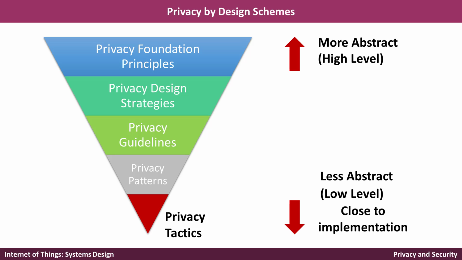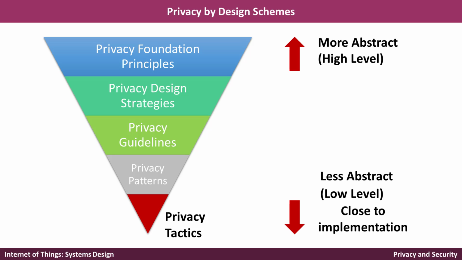And then the privacy tactic is very specific. Within the pattern, you could have multiple options for tweaking things to make it more concrete. So privacy tactics help to change the patterns in such a way that they fit within your particular IoT application design.